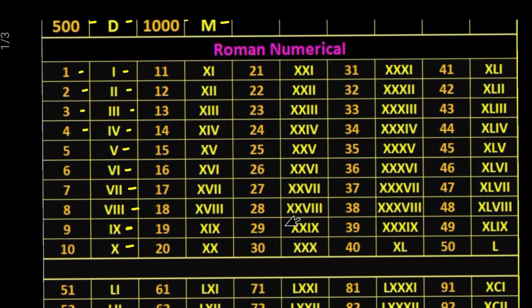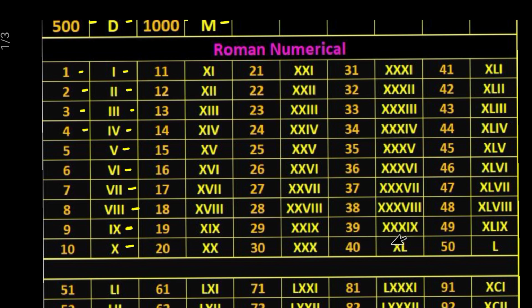For 29 we have written XX, for 20, which means 10 plus 10, and for 9 we have written IX. And for 30 again 3 times X. For 31 to 38, again same fashion, and for 39, triple X and IX means 39.